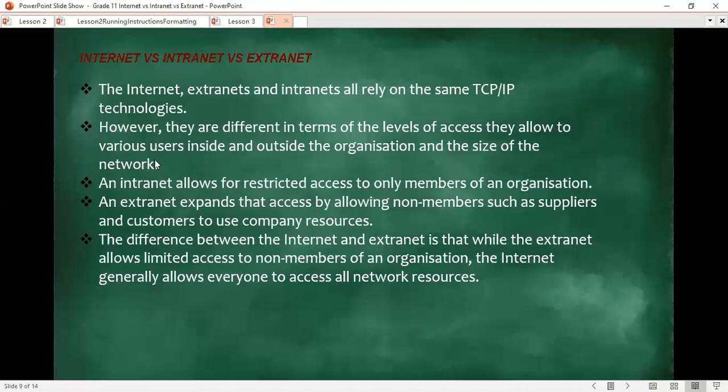So the difference lies here. Firstly is the levels of access, and the size of the network. So the first thing is the limitations. Secondly is the size of that particular network.